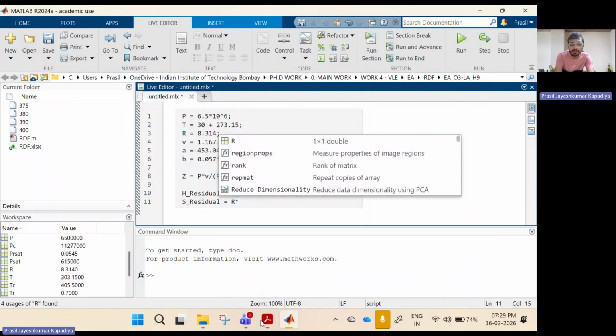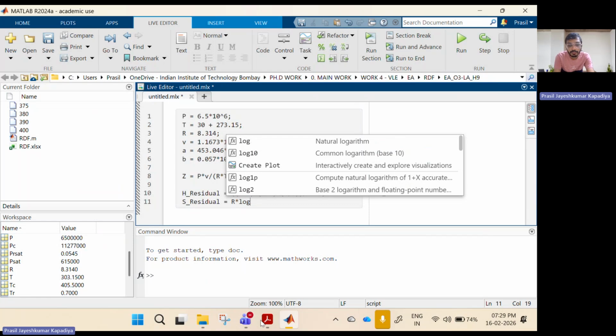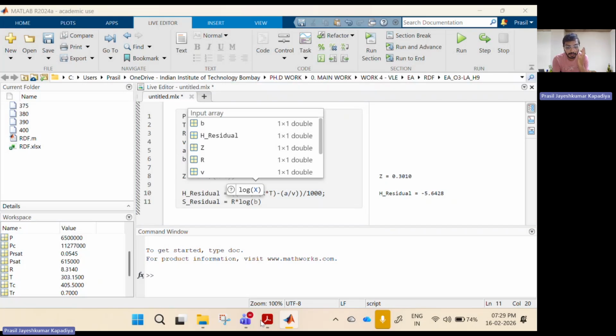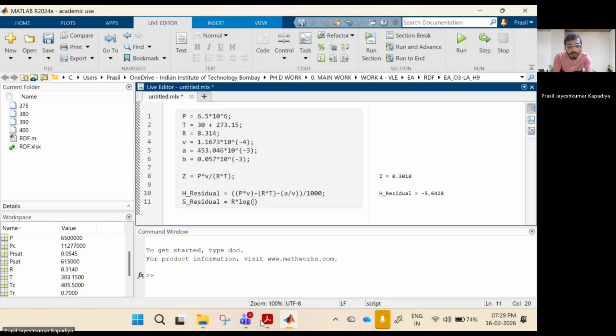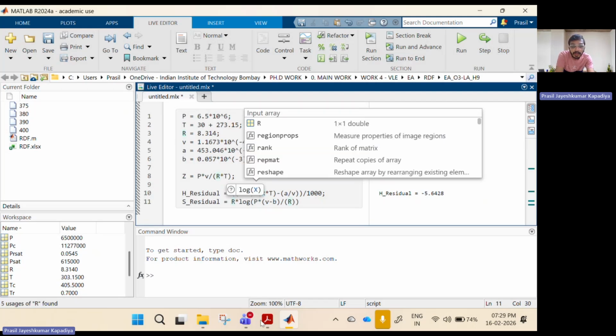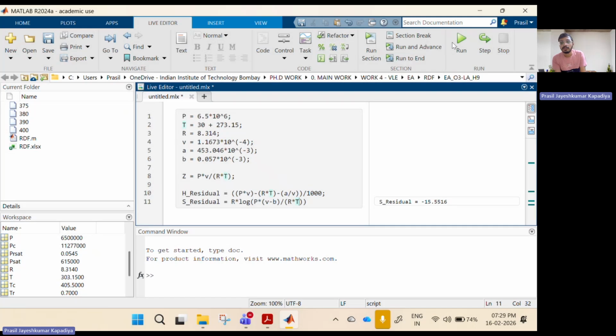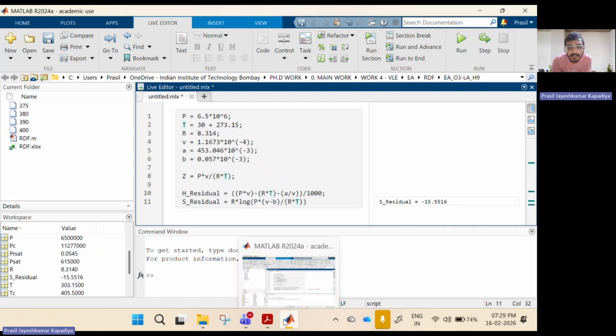Okay, so let's try to write down this equation. R into ln, it is ln, not log 10, of P into V minus B, this whole term divided by R into T. Okay, so see, it is coming out to be minus, I guess we have made again some mistake.